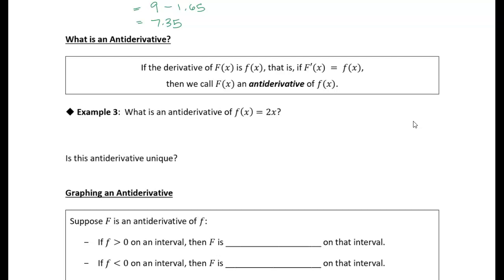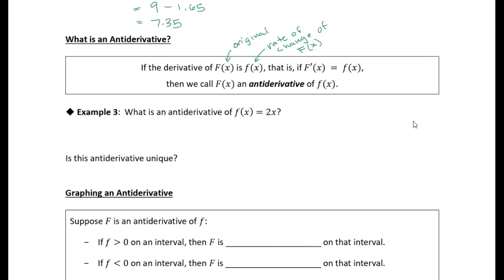So let's just walk through this. If the derivative of F, this is our original function, is f of x, okay, so capital F and lowercase f, so this is the derivative, the rate of change of the capital F function, right? Because it says the derivative of capital F is lowercase f.